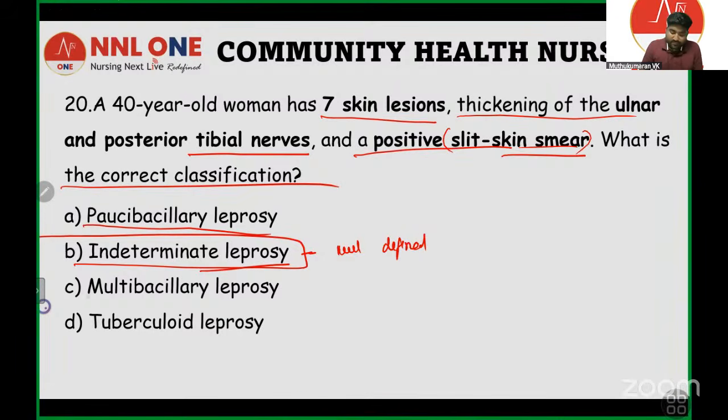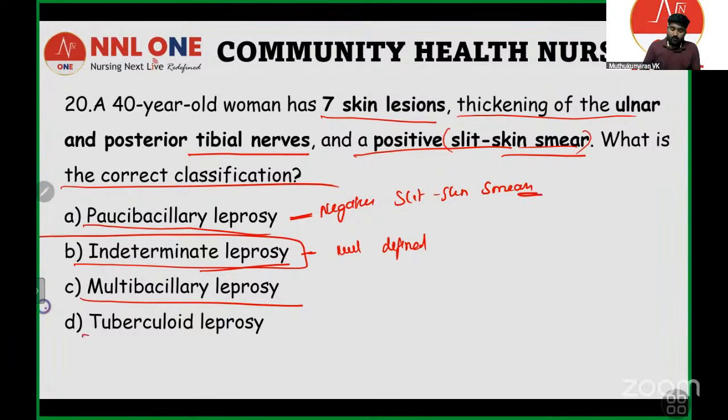When we talk about multibacillary leprosy, the lesions will be more than 5, there will be more than 2 or 3 nerves involved, and there will be a positive slit skin smear. Paucibacillary: the slit skin smear will be negative.